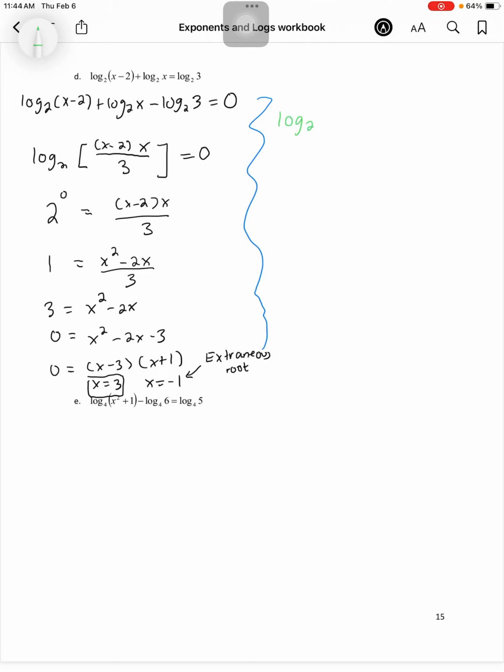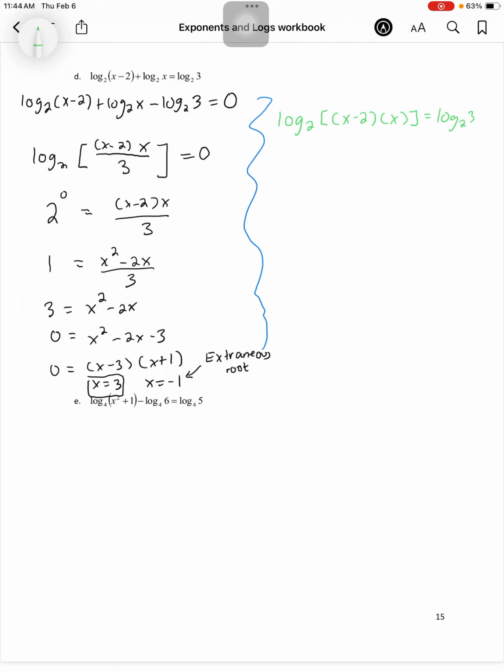So here it's log 2 of x minus 2 times x equals log 2 of 3. Some students like to jump right away and write 3 on the right side. You can't do that at this stage because we're still condensing the left side, so you leave the right side exactly the same.